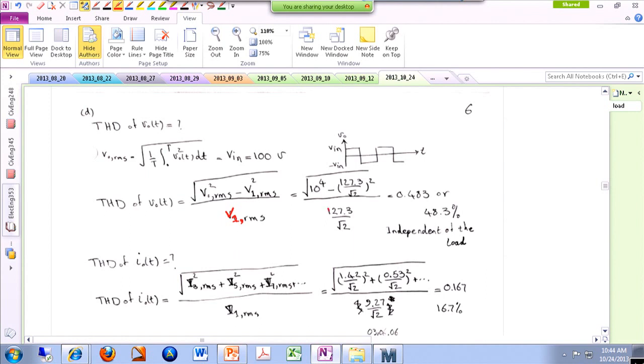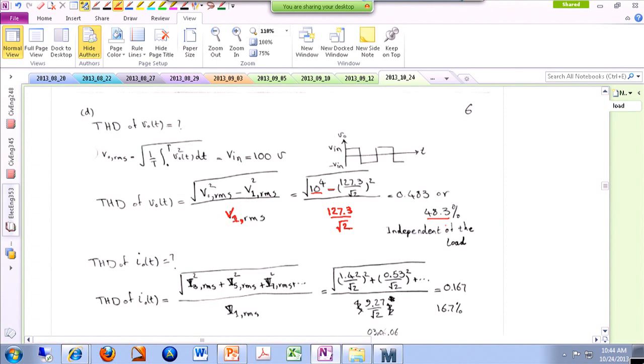The fundamental harmonic is 127 volts peak value, so you divide it by the square root of 2 to get the RMS value, and the rest is the undesired part, which is the RMS value of the entire signal, which is 100 squared, minus the first fundamental harmonic. This gives you about 48%. And as it turns out, it is independent of the load.